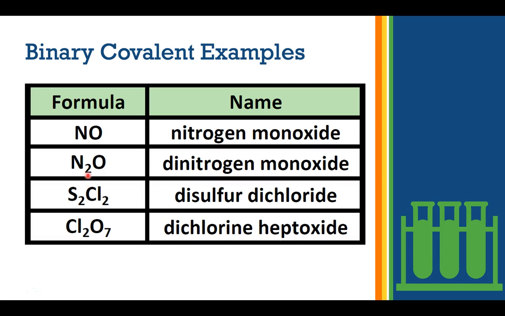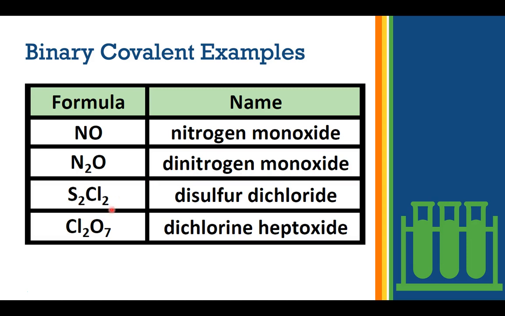So we're saying di, because there's two, dinitrogen monoxide, okay? So because we don't have two O's, instead of saying dimonoxide, we're really saying dinitrogen monoxide, okay? Do you see how that works?